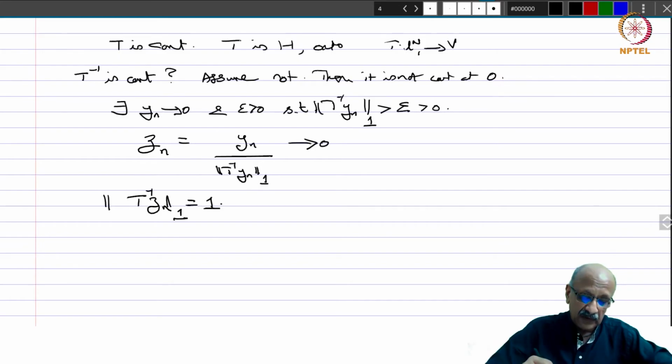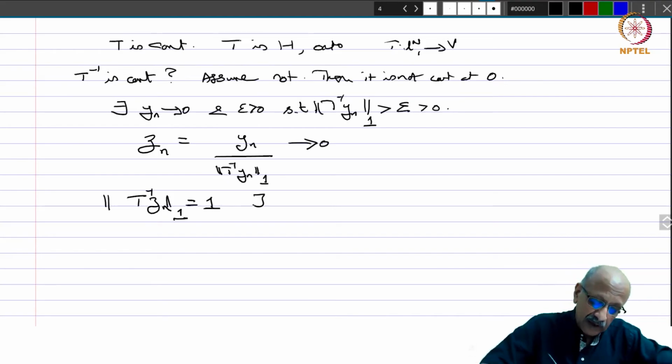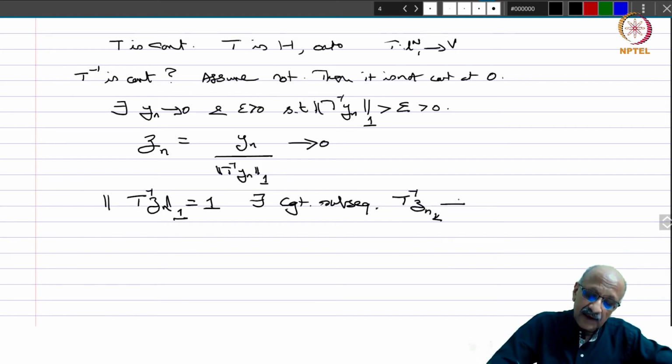So T inverse Zn is a bounded sequence, and since the norm 1, norm 2 are all the same, that's the usual topology in Rn, if you have a bounded sequence, then it has a convergent subsequence. So there exists a convergent subsequence T inverse Znk. Let us say it converges to x. Then this implies that norm x is equal to 1.